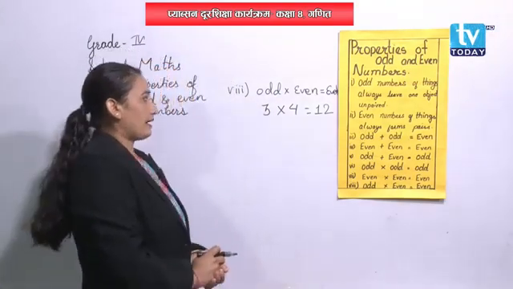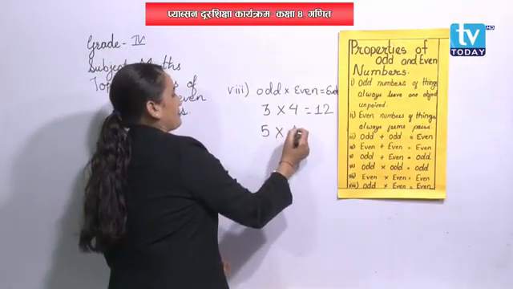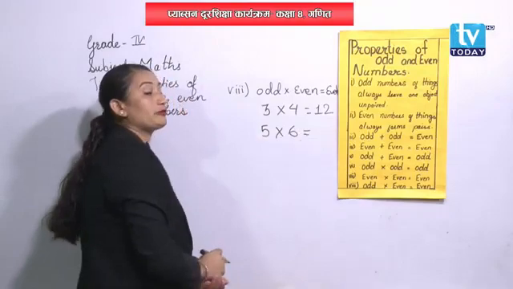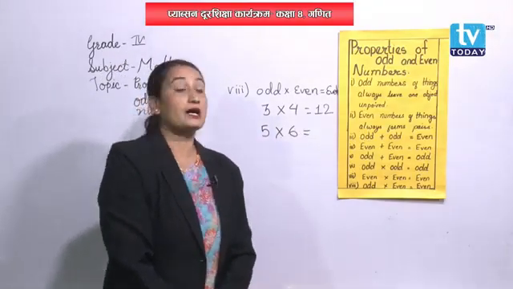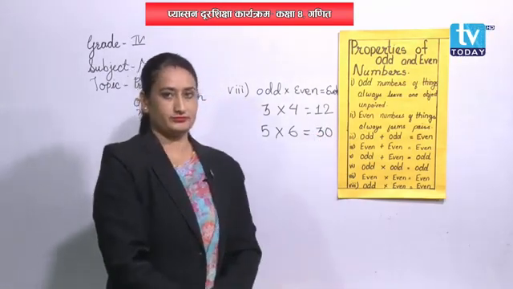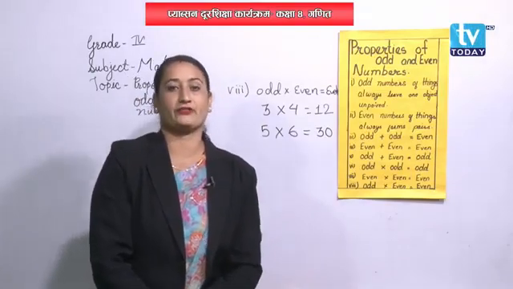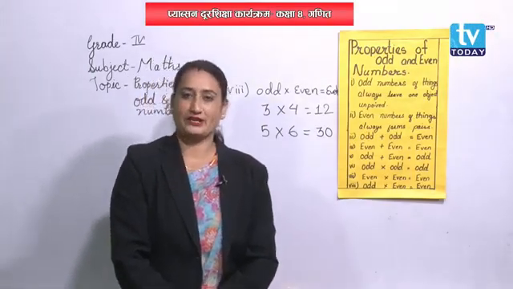Okay, now if the odd number is 5 and the even number is 6, then what will be the answer? 5 times 6 is 30. Tell me, students, is 30 an even or an odd number? It's an even number, right?